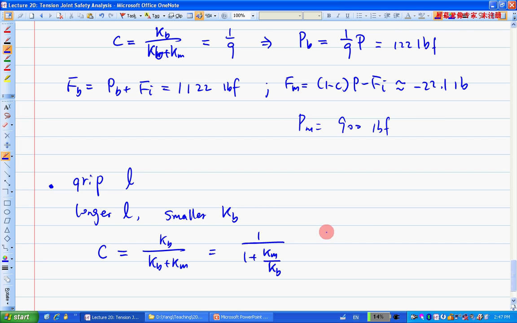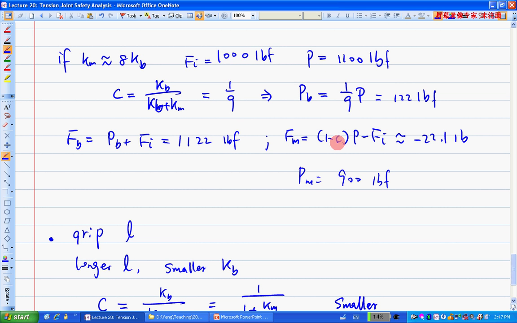Does that make sense? Smaller C value, so how much load is taken by the member?